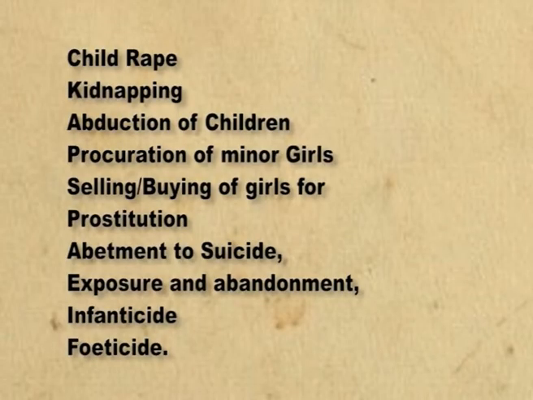Following are the most common crimes against children, including child rape, kidnapping and abduction of children, procuration of minor girls, selling or buying of girls for prostitution, abetment to suicide, exposure and abandonment, infanticide, feticide.